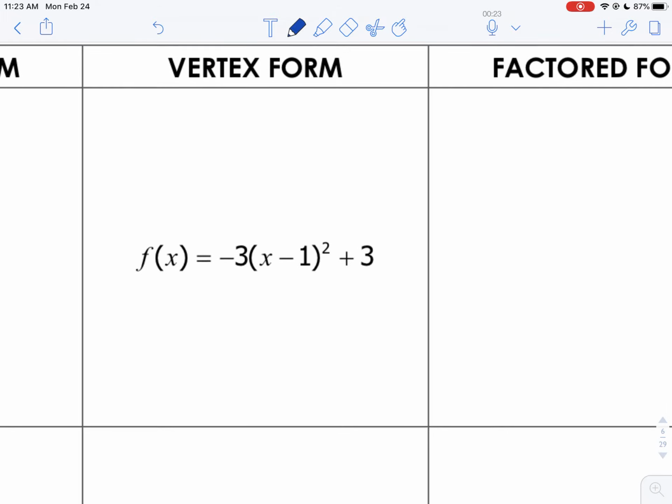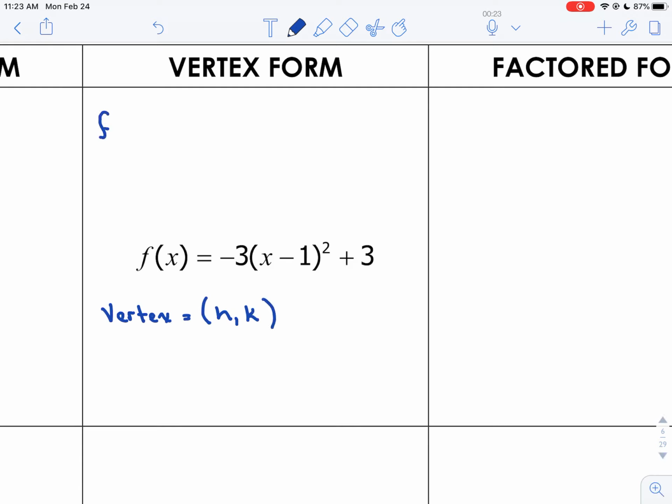I'm going to be looking at this vertex form right here. This is the back side of that worksheet. It's in vertex form, so we are able to pull out our vertex. Our vertex is equal to, remember, (h, k).